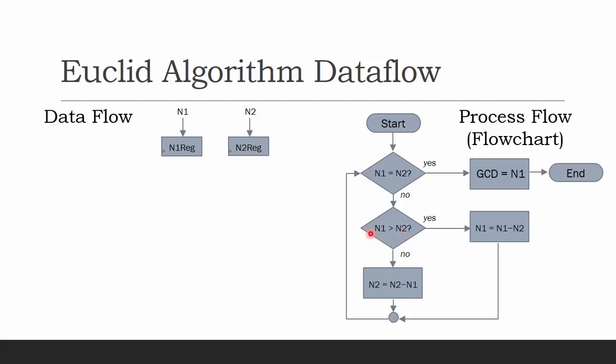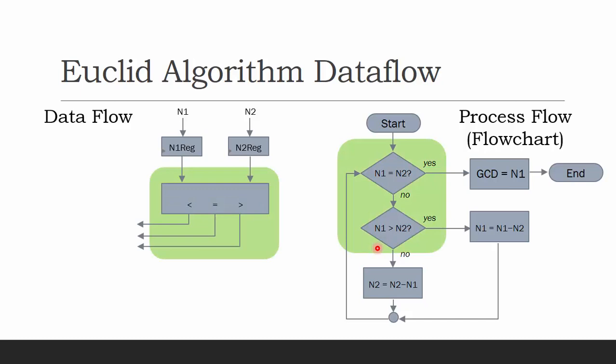So we are going to convert these two stages of comparison into one comparator. Like that. This is the comparator. It will be comparing N2 and N1. All three one-bit status will be used.